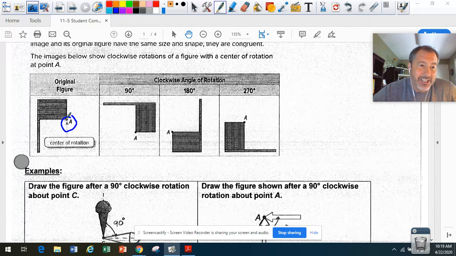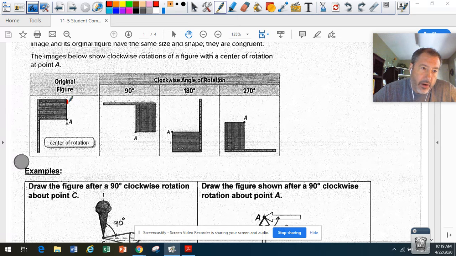So this point here does not move. We're saying, hey, that's not going to move. So since that doesn't move, they want us to go 90 degrees clockwise, which means we're taking this flag here, and if we start right here, we see this edge here. Make it red here.